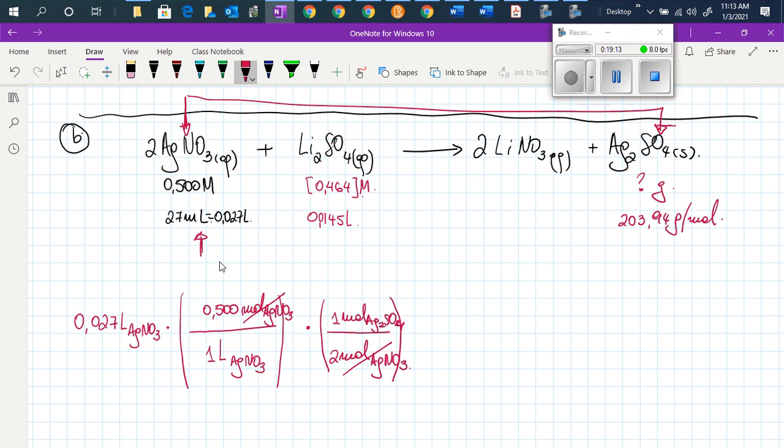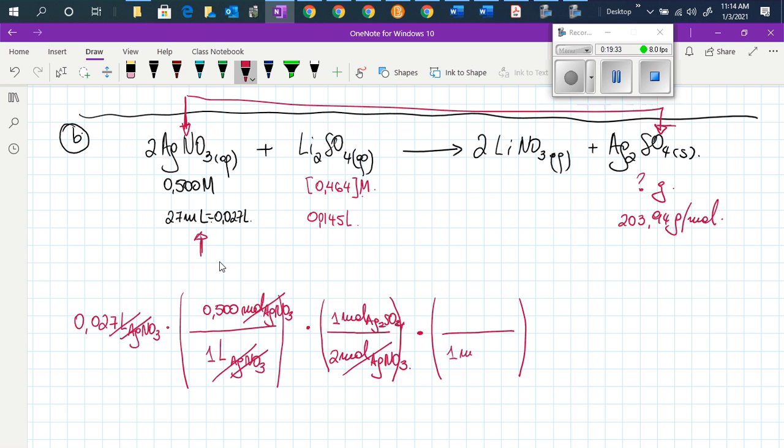So moles of silver nitrate is cancelled out. Now that we have moles of silver sulfate, using the molar mass, we can find out how many grams of silver sulfate is produced.